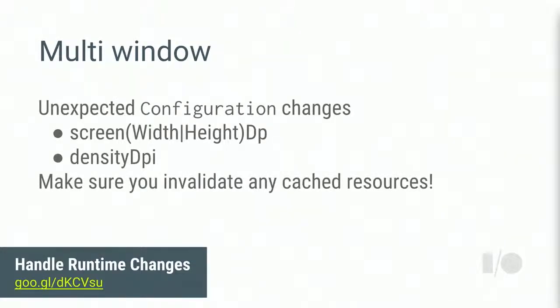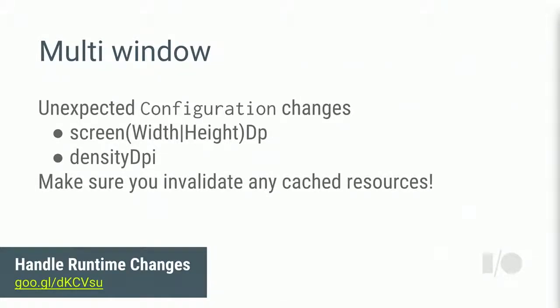Now, it's also important that you go read this document, Handling Runtime Changes, in the official Android documentation. There will be some things that you don't expect to change whenever changing orientation. For instance, the screen width and height will change in ways you don't necessarily expect, because on normal devices, they only flip between them. And here, you can have totally different values.